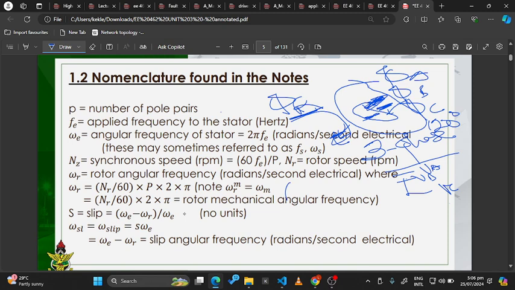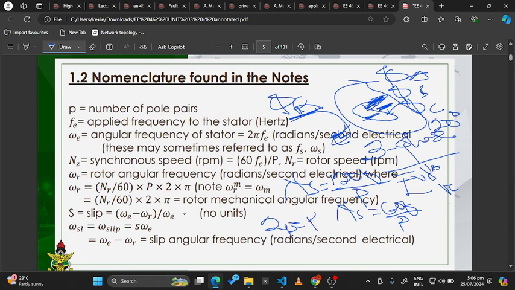So from asynchronous machines, we know synchronous speed Ns is given as either 120f divided by capital P, or you write it as Ns equals 60f divided by small p. Is that okay? Because 2 times the small p equals the capital P.